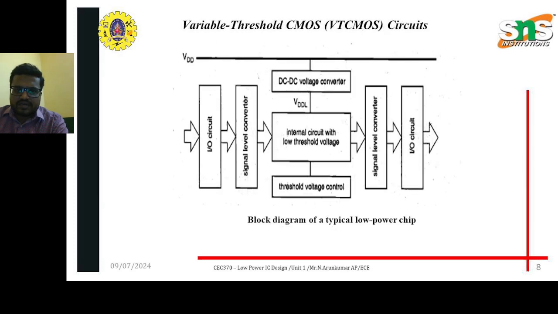Next one is variable threshold CMOS. So far we have discussed a single PMOS and NMOS transistor operating for a varying threshold voltage. Now we are going to discuss variable threshold CMOS, VT CMOS, because we are able to add more devices in a single circuit. It is the source which easily identifies the threshold voltages for all the circuits.